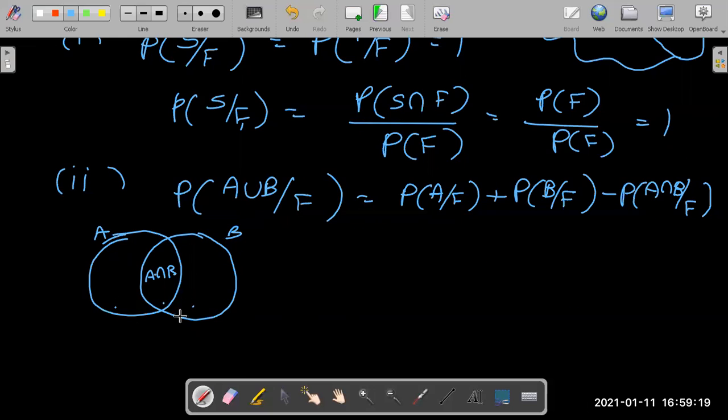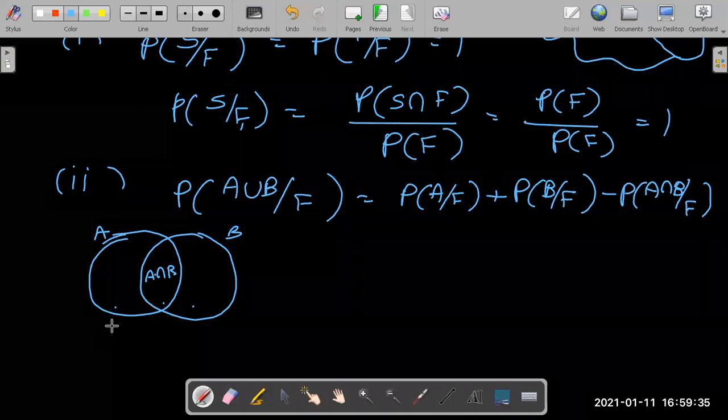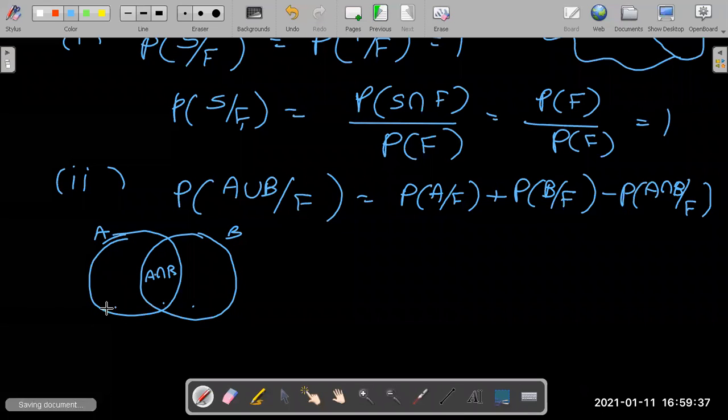He is asking, what is the probability that either A, or A intersection B, or B has happened, provided F has already occurred? All this can be F. So this is the question.